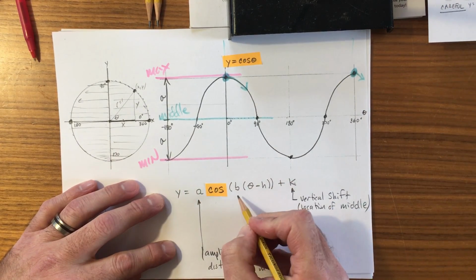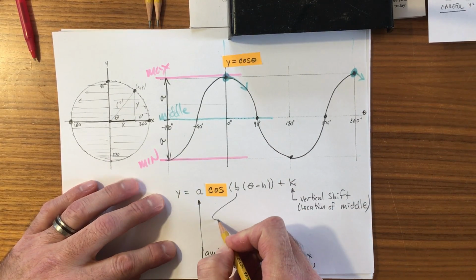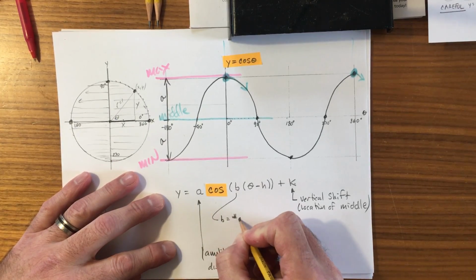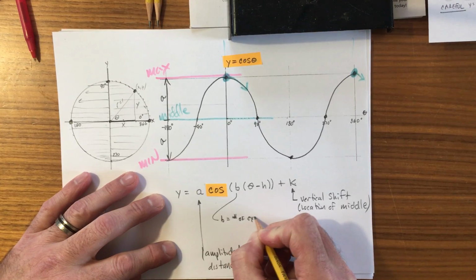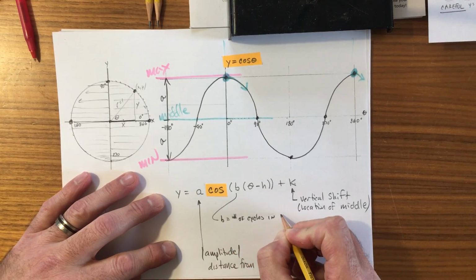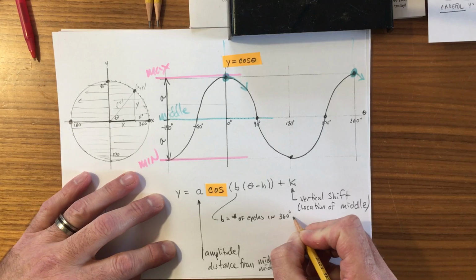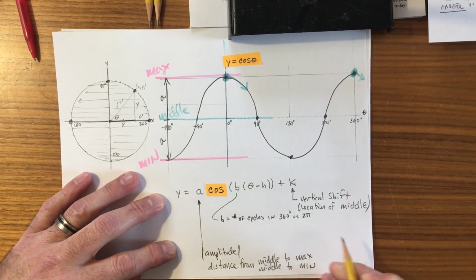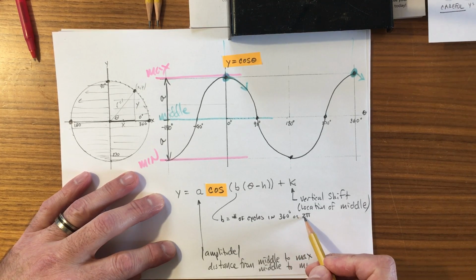And so with those two ideas, this letter B equals the number of cycles in 360 degrees or in 2 pi. 360 degrees or 2 pi radians, those are the same.